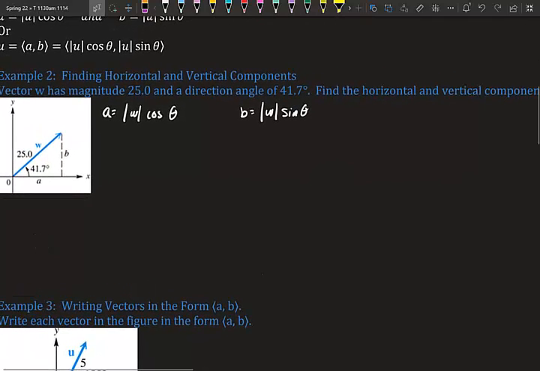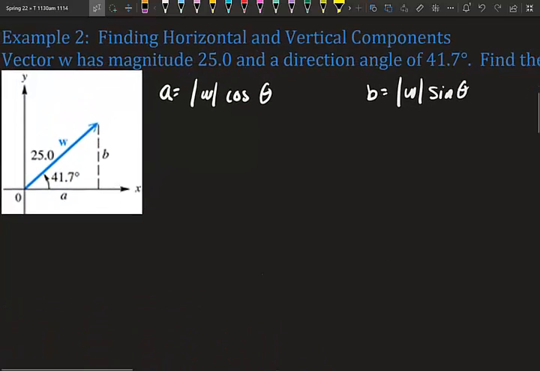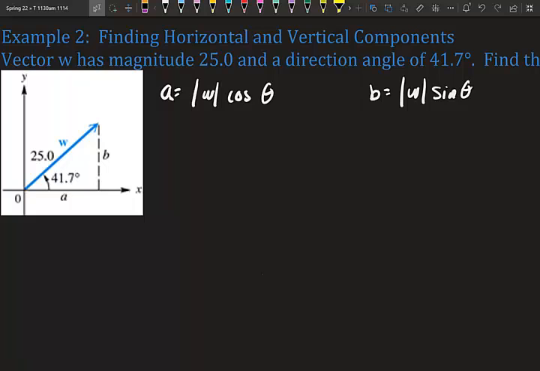So let's find horizontal and vertical components. We have vector w with magnitude 25.0 and a direction angle of 41.7 degrees. Find the horizontal and vertical components. So to find a, it's the absolute value of u, or whatever force you're working with, times cosine theta. We're given a force of 25 with an angle of 41.7.